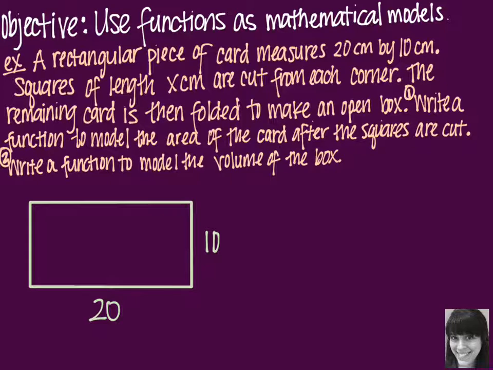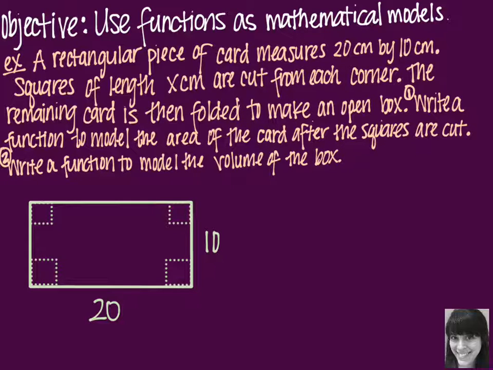Okay? And then it says squares. So squares of a certain length are taken out. Now, I don't care what length they are, but I know that they're squares, so each side is the same length on a square, right?